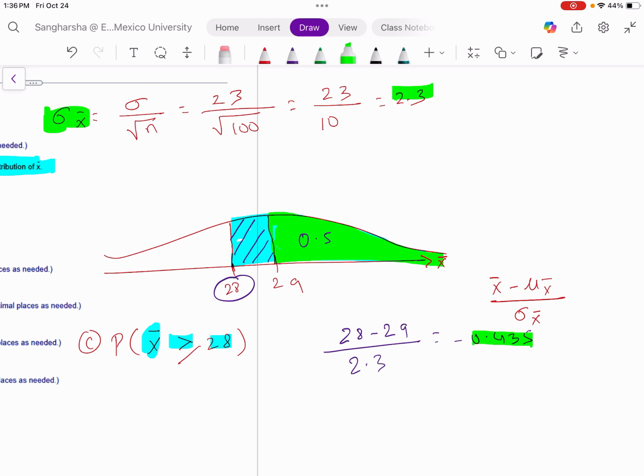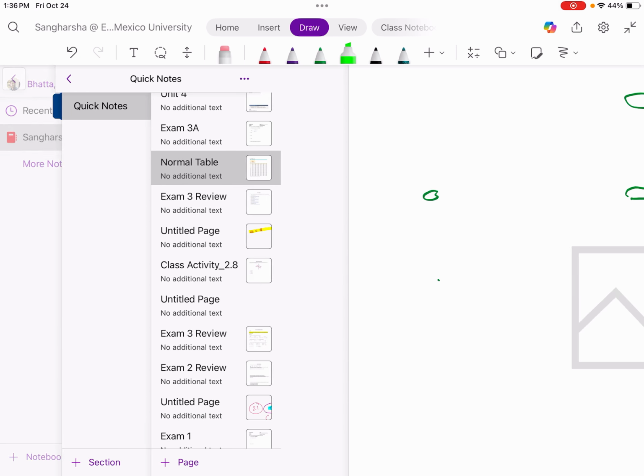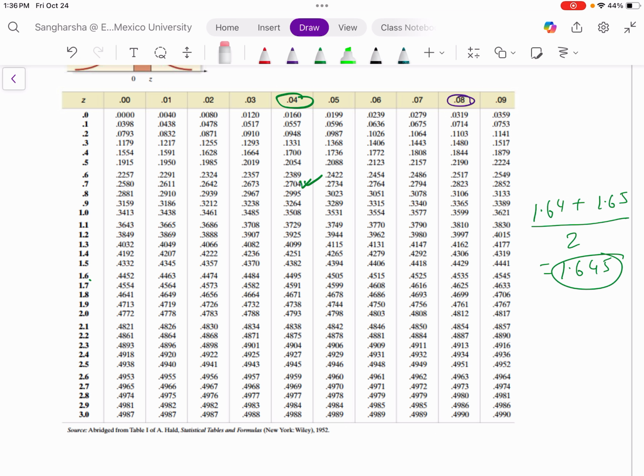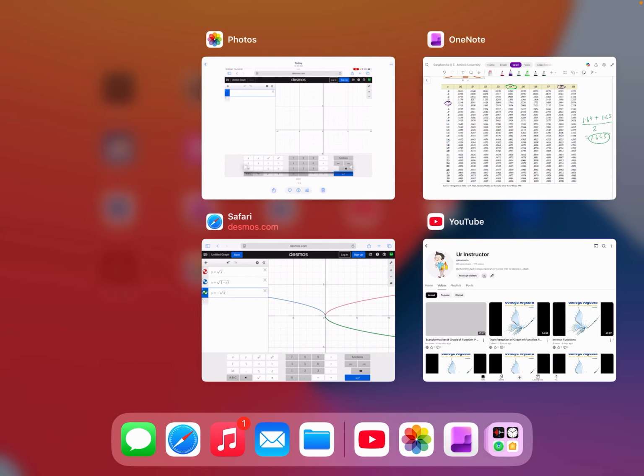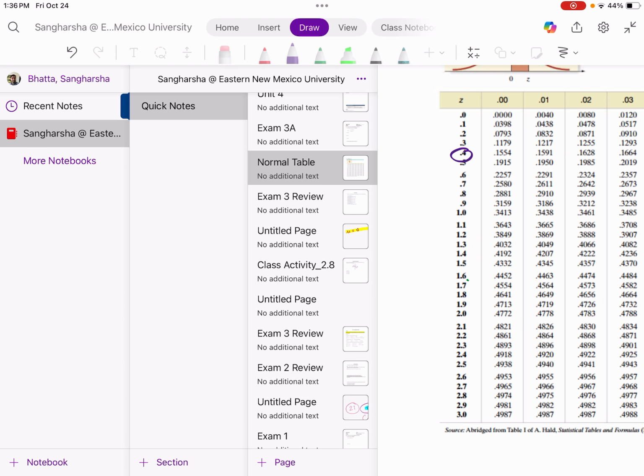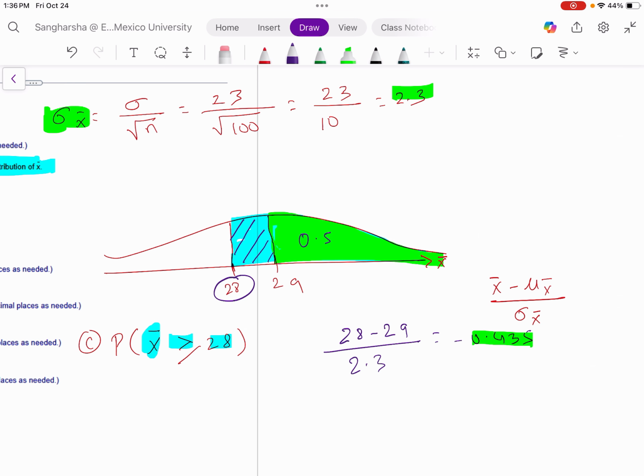We only have two digits, so let me round off that number and rewrite 0.435 as negative 0.44.